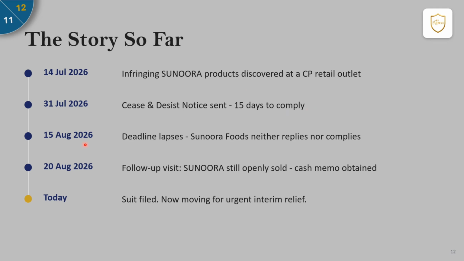On 15th August, the deadline lapsed with no reply and no compliance. On 20th August, our client returned to the same outlet and found the goods still openly sold, and purchased one unit as evidence. So that last fact is going to do enormous work for us today.